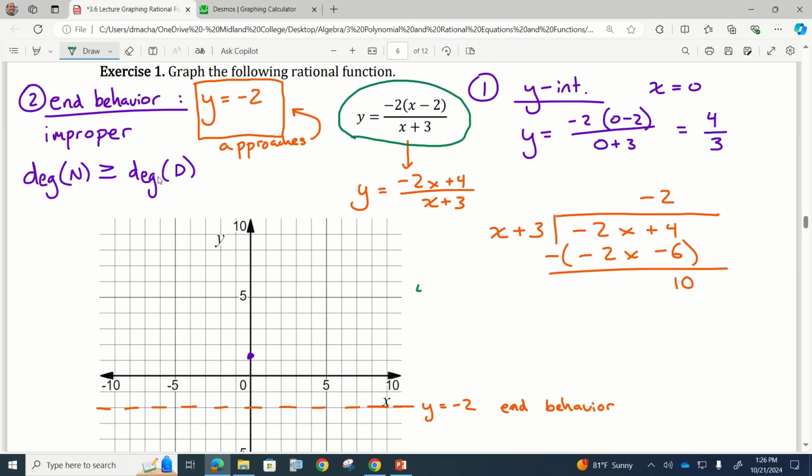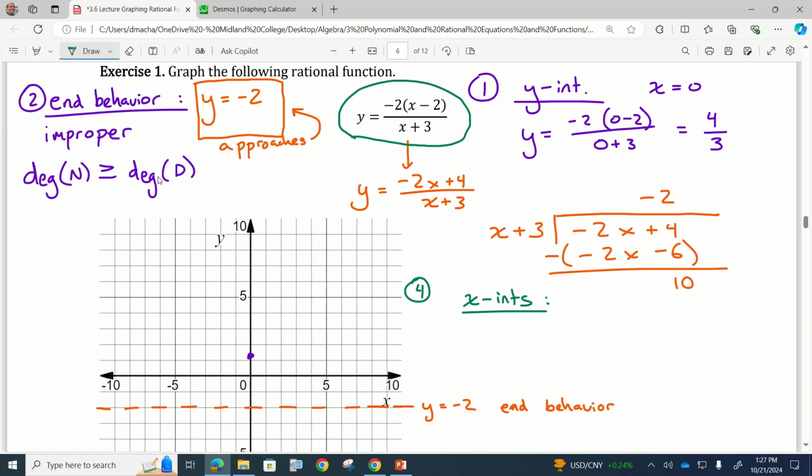Step number 4 says, what about my x-intercepts? Where are those? So you got to remember, the x-intercepts, those are the roots in the numerator.